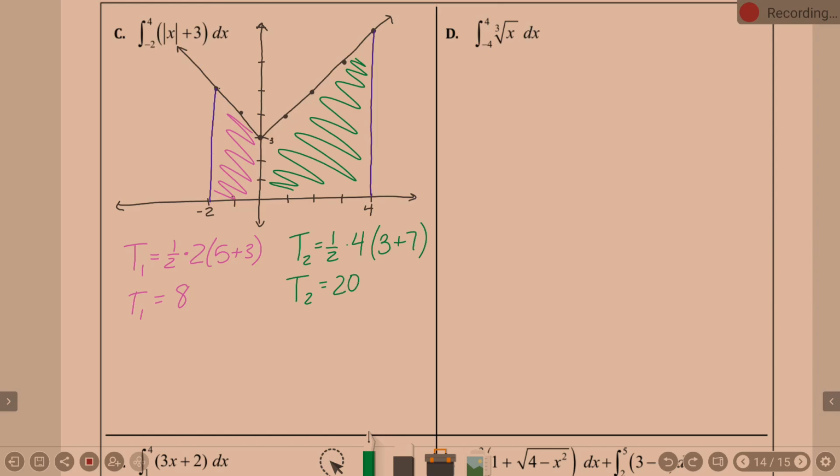Okay. So we had an 8, we have a 20, and we have 28. T1 plus T2 is 8 plus 20 is 28. The math isn't hard, is it? It's just getting all the pieces here.